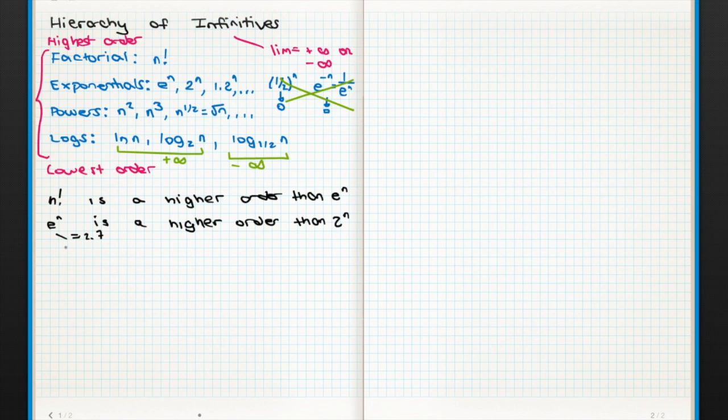But if you have something like e to the n, and then negative e to the n, notice how the minus is not actually part of the exponential. It's separate. It's like a coefficient of -1. And so in general, when you have a constant multiplied by a function, the constant is not going to affect the order, which means that even though these are different sequences, they're considered to be the same order.